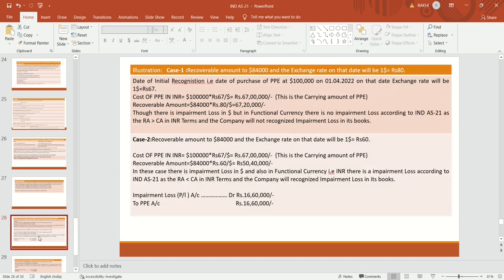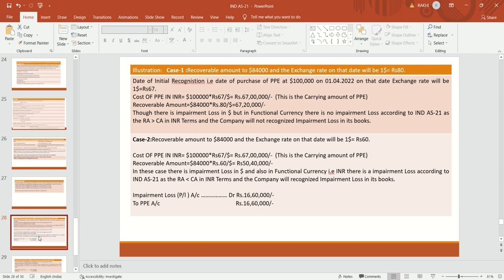So in the first case, what will we check? At initial recognition, the company purchased the property, plant and equipment at $1 lakh on 1st April 2022, and on that date the exchange rate is 67. The cost of PPE is 1 lakh into 67 per dollar, that is 67 lakhs. That is the carrying amount of PPE.